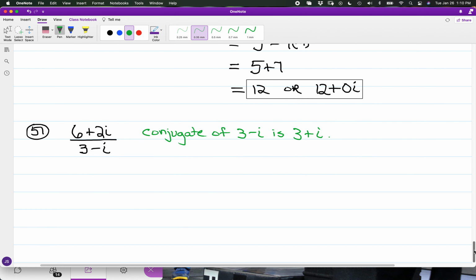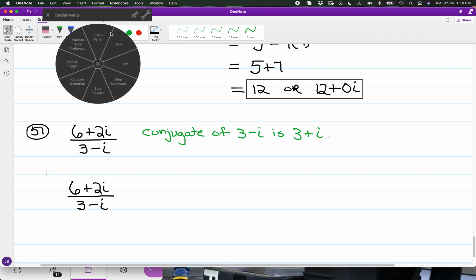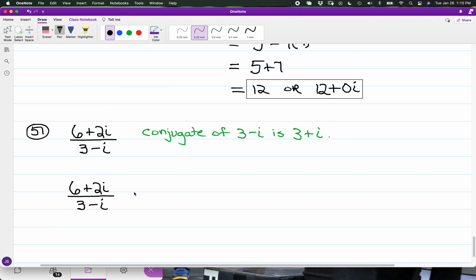Okay, so the conjugate of 3 minus i is going to be 3 plus i. So in working with what we have, we've got the denominator 3 minus i.